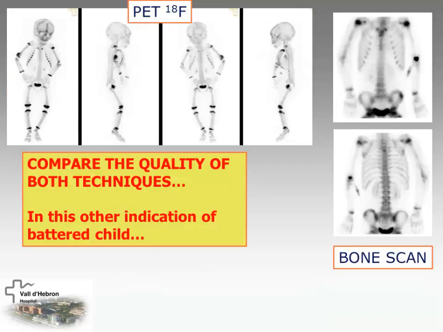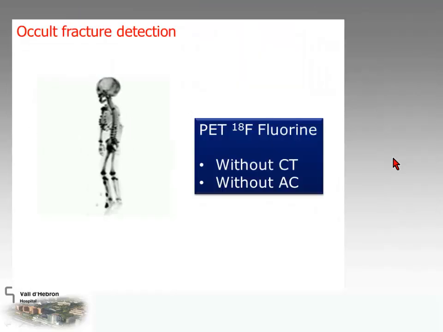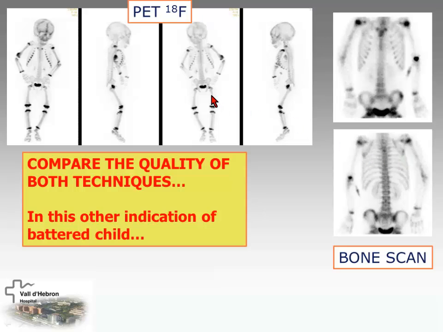And compare the quality. This is the image performed with half a millicurie of fluorine. And here, this is an old scan in an older boy, excuse me. Compare the quality of the images. This is performed with several millicuries.